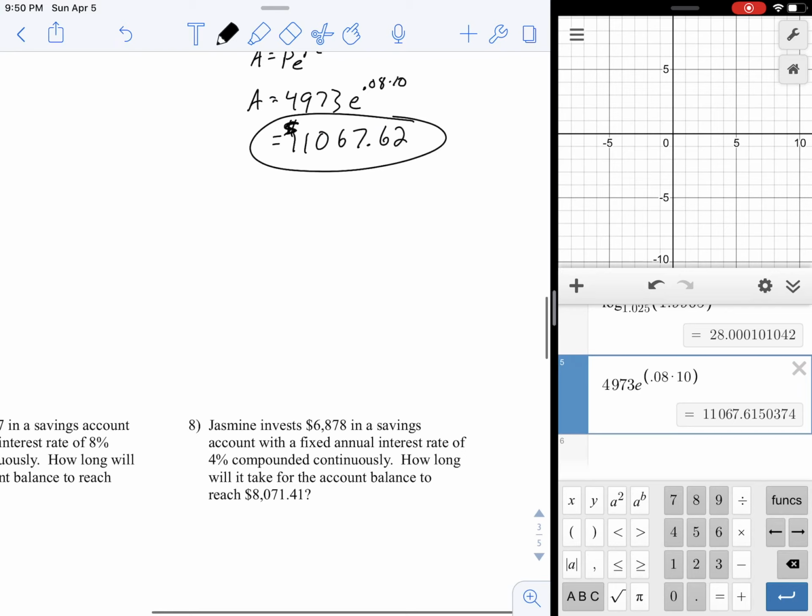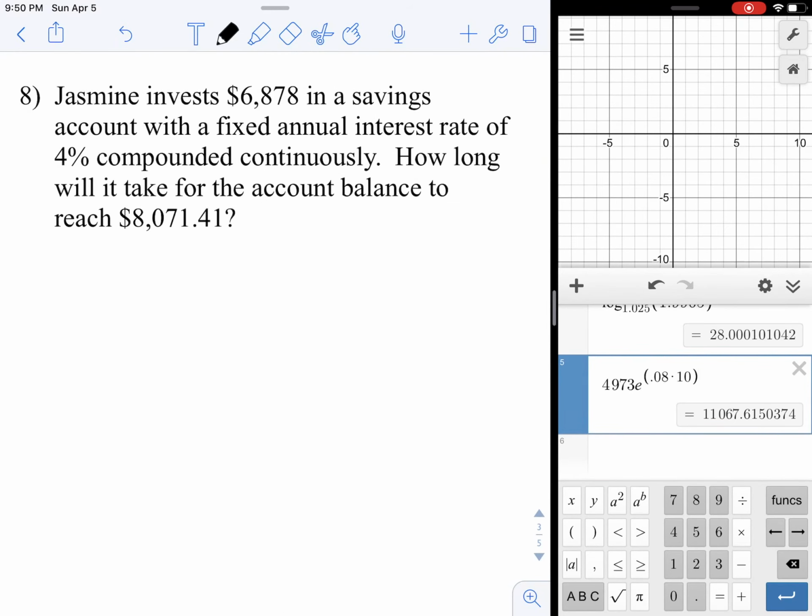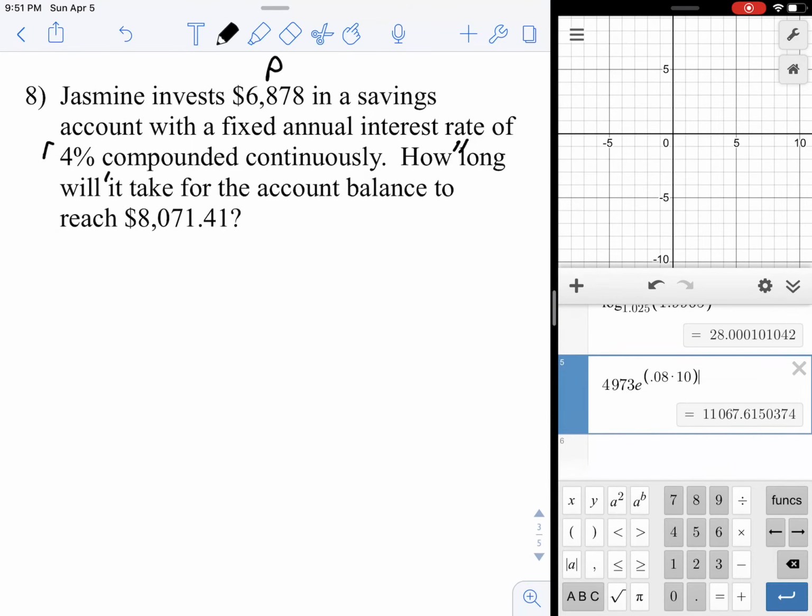All right, number 8. Jasmine invests this much money, of course, that's a principal, in a savings account with a fixed interest rate of 4%. That's r. How long will it take? Sounds like we're trying to find time in this problem for the account balance to reach 8,071.41. That's our final amount. So 8,071.41 equals... nope, did that wrong.